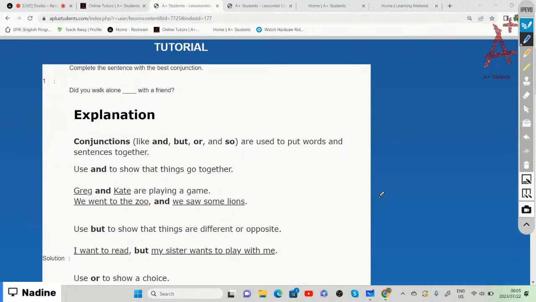So I want to read, but my sister wants to play with me. And clearly it shows that she does not want to read. We use but to show that things are different or opposite.